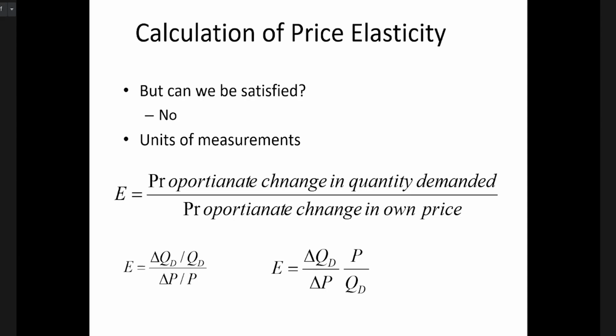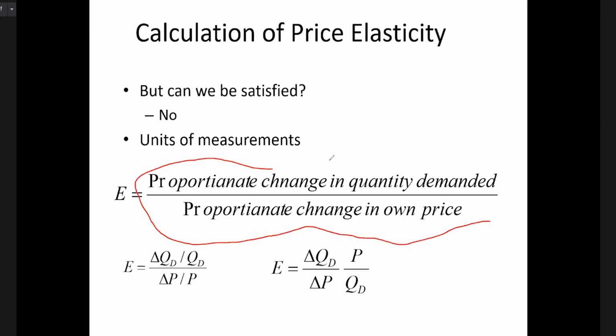So we are worried about the proportionate change. This is why I define price elasticity of demand as the proportionate change in quantity demanded due to a proportionate change in its own price. This is the definition of price elasticity of demand.